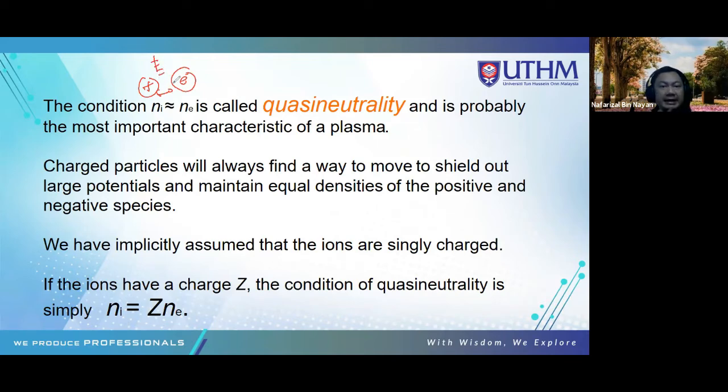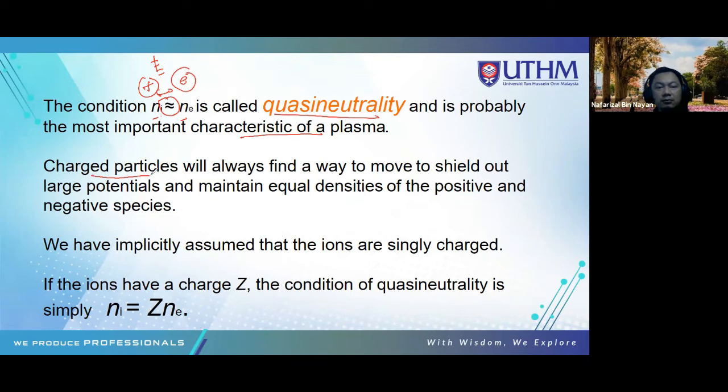In most cases, inside the plasma, we say the plasma is quasi-neutral, because the number of ions and the number of electrons is almost the same. So that's why we call it quasi-neutrality, and it's probably the most important characteristic of the plasma.